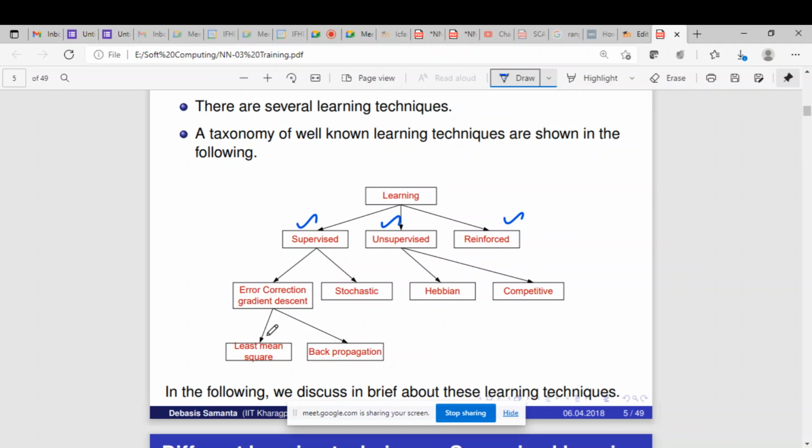In gradient descent, there are two types, least mean square and backpropagation. In unsupervised, we have two types, Hebbian and competitive learning. We'll be focusing more on gradient descent, least mean square and backpropagation. We'll be just discussing an introduction to Hebbian learning and competitive learning.